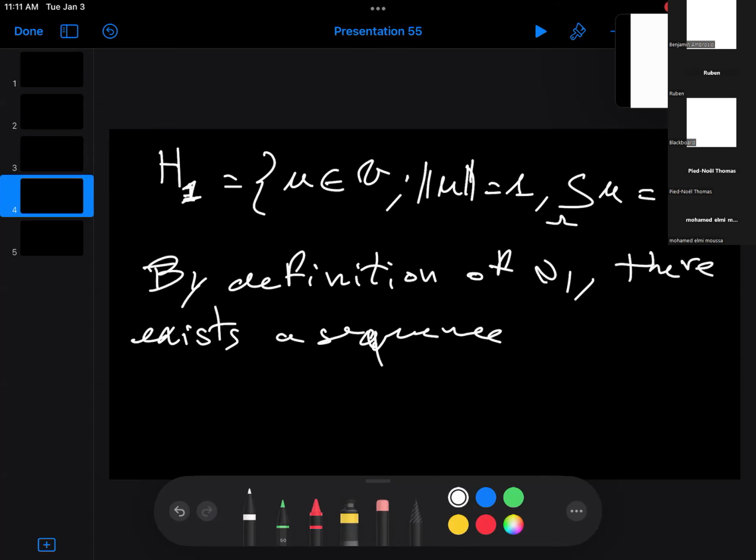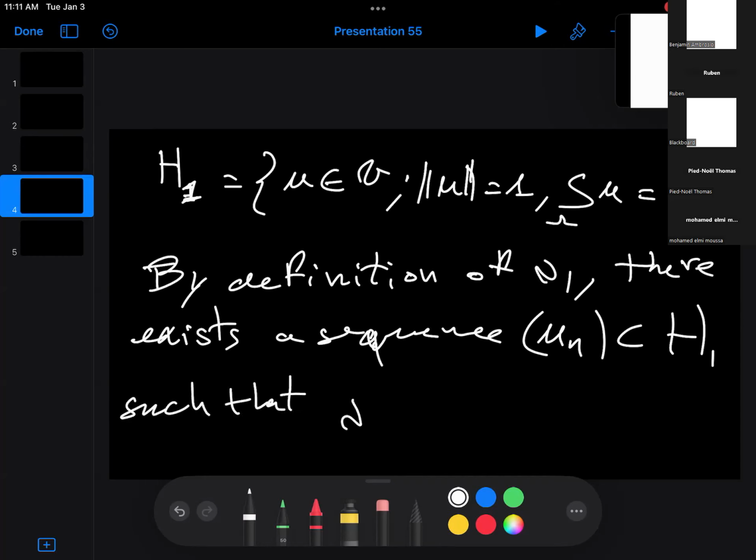of functions un such that lambda 1 is the limit of this quantity.